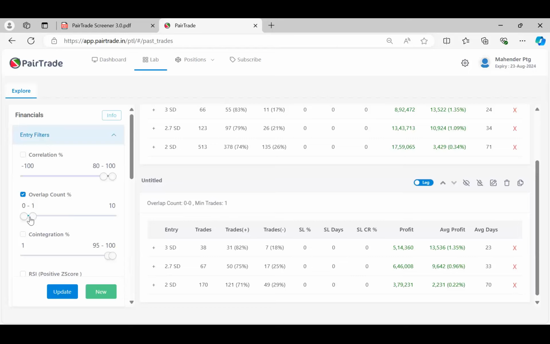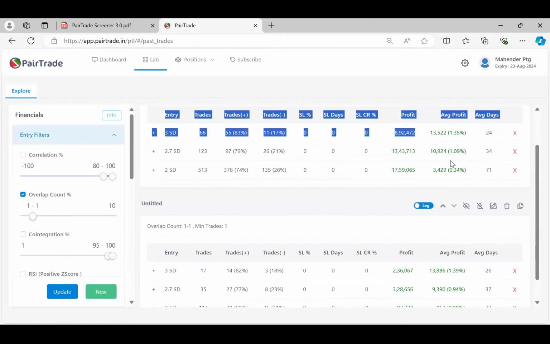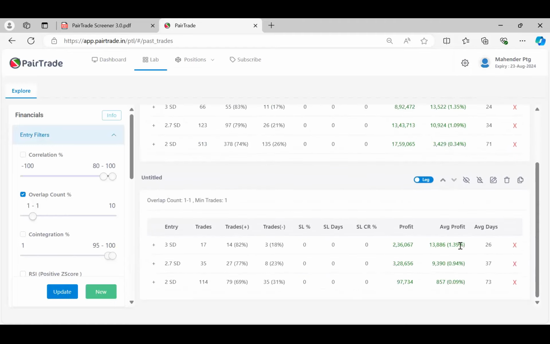Okay. So I want to trade whenever it is giving the signal for the second time. At the higher end, at the 3 standard deviation, this average profit is the same. Here also a little bit the same. But here at the 2 standard deviation, it is not at all giving any profit. Similarly, I can say from 0 to 5, I will trade whenever it is giving me entry from 0 to 5.